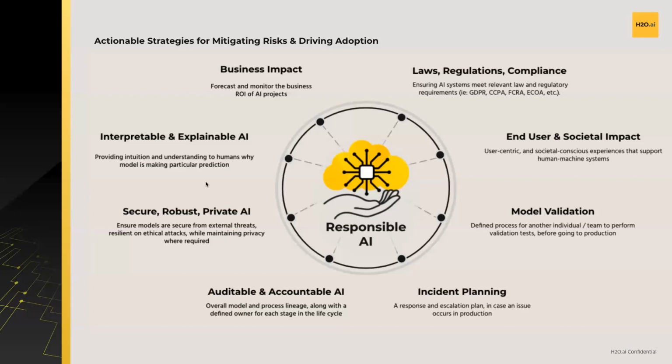And these end users need not necessarily be data scientists. They could be business users or people who do not have technical know-how of how machine learning works. And finally, to forecast and monitor the business ROI of AI projects, so the business impact should also be taken into account.